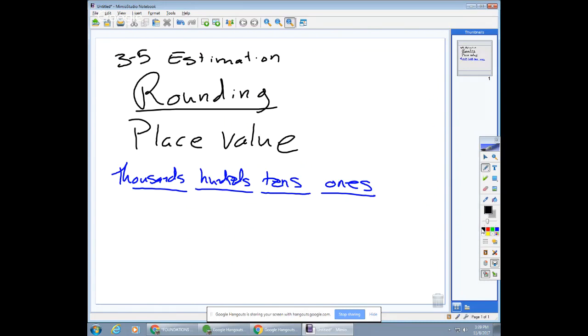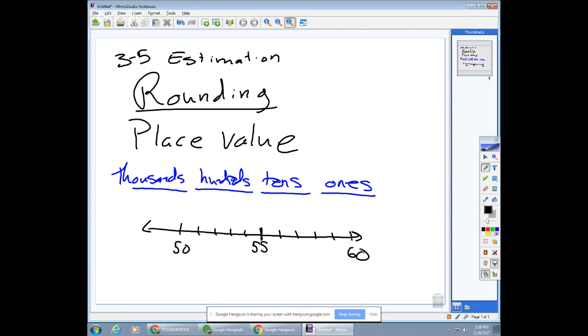And then one way to talk about rounding is just to look at a number line. Let's say we're looking at numbers in the 50s, so up to 60 there.